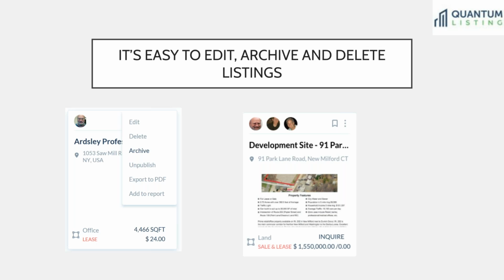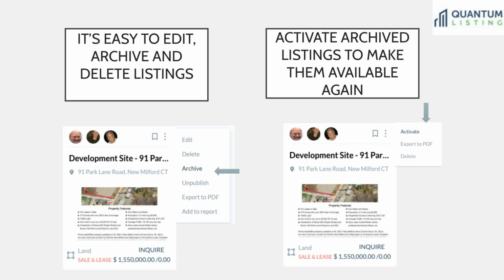Archiving is something that I encourage people to do rather than deleting listings when they're finished, because then you can have a nice record of the deals that you've done. You can still have the private notes that you've made on any particular listing. And there's another reason I like to do it. If it becomes back on the market, you can reactivate it without having to do all the data entry again.